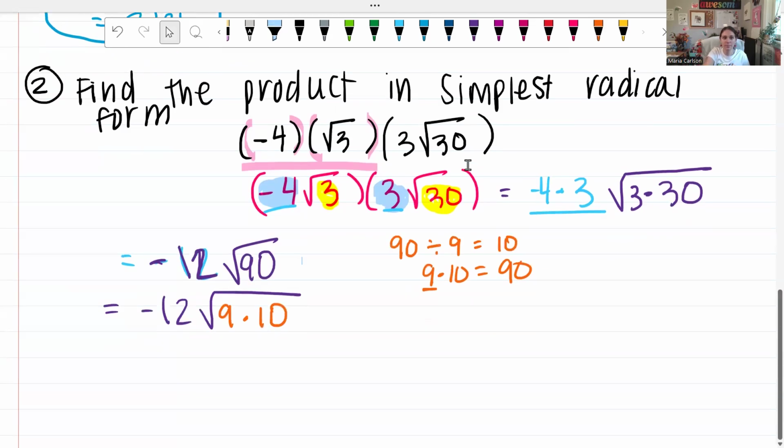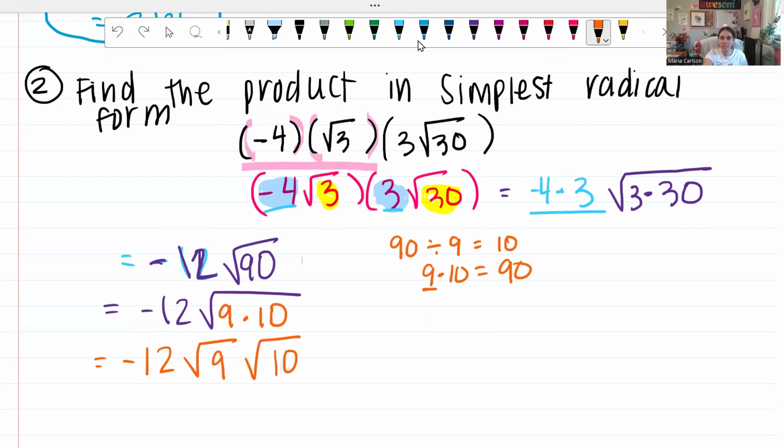And then I can break it up. I can write this as -12 square root of 9 square root of 10. And remember, this is all just multiplication here. It's just in disguise. We don't necessarily need those symbols. But it's important to remember because once I simplify this, the square root of 9 is 3.